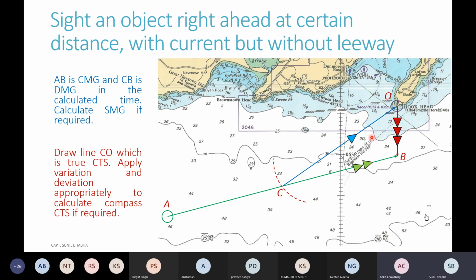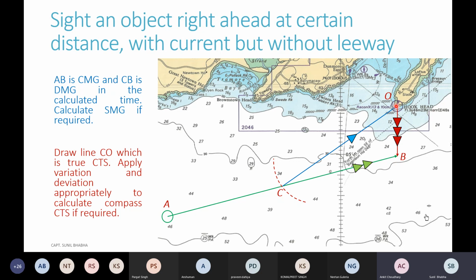So let's mark it with a single arrow. You see the single arrow being marked here. So Charlie to Oscar is our course to steer. Oscar to Bravo is the set and drift of the current. And Charlie to Bravo is the distance made good and the course made good.